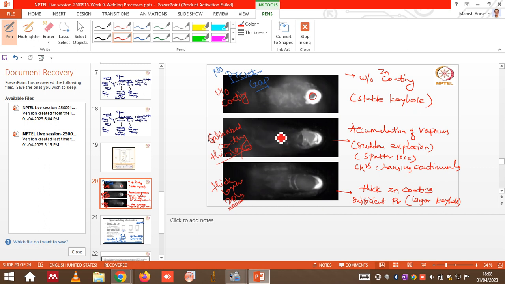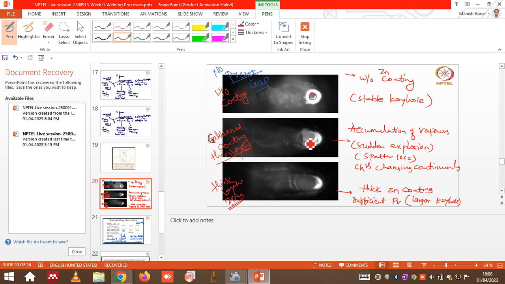Because of that, there are certain values of pressure it will sustain, and after that the vapors have to escape to the surrounding because of the high buildup of pressure. So they will escape through the keyhole, and this keyhole forms suddenly because of the accumulation of vapor pressure.